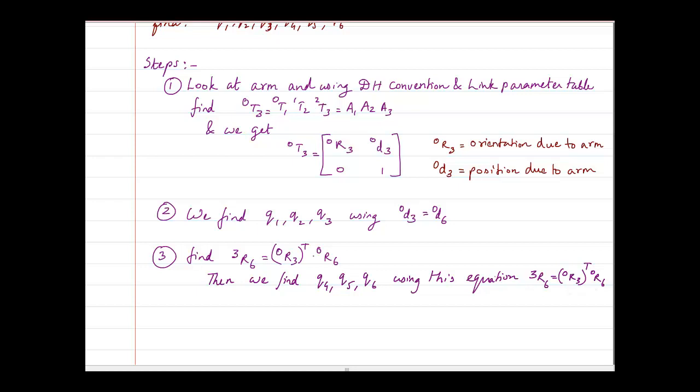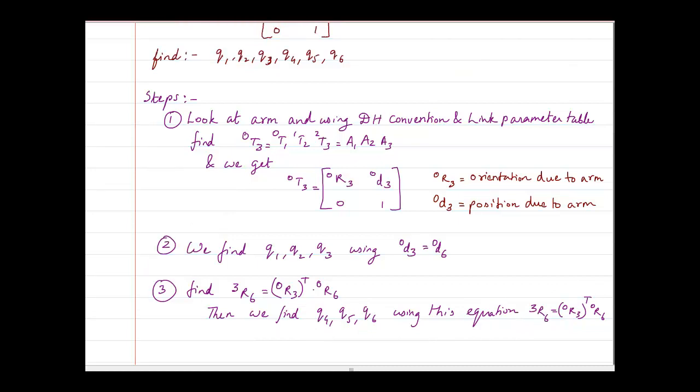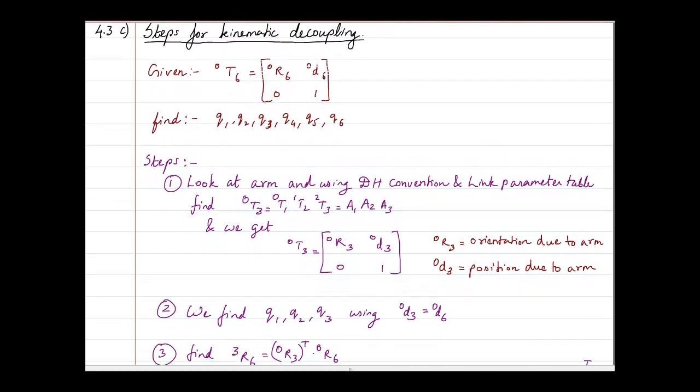We use this equation just like we used in the second step, where we used 0D3 is equal to 0D6. Using that equation we found this value. Similarly, using this equation we will find this value. So that is how we carry out the kinematic decoupling.